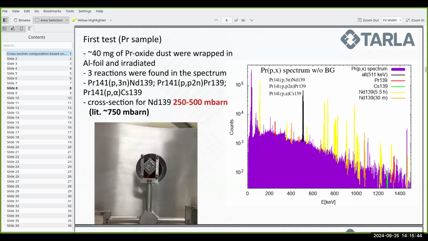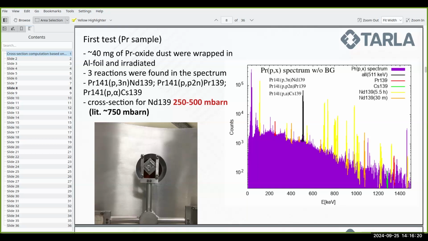From the resolution, I hope you can see that this is a germanium detector, which had a fairly good resolution, but as I said, it was working alone, and it was working without any Compton suppression. So since this time, what we are trying to do is upgrade our detector setup to include Compton suppression, as well as to work in a double detector setup where one of the germaniums would be in coincidence with the other, such that you can simplify the spectrum by gating on one of the detectors.